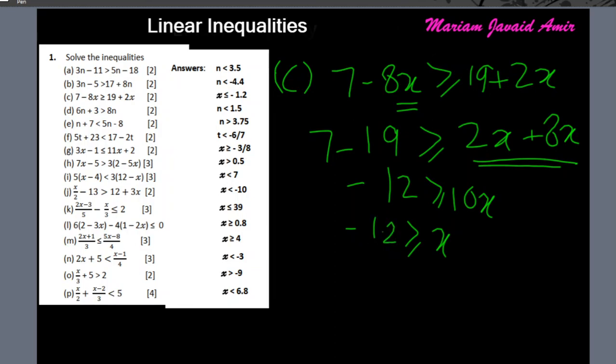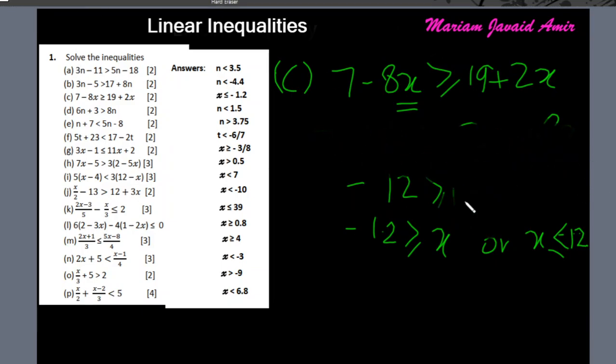Again, this can be written like this or like this. Both mean that x is smaller than or equal to minus 1.2. Alright, why do I keep telling you to ensure that the coefficient of x is positive?